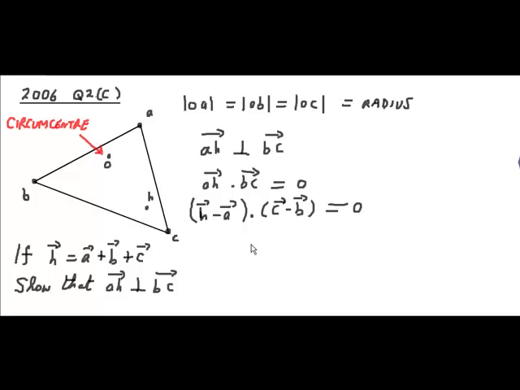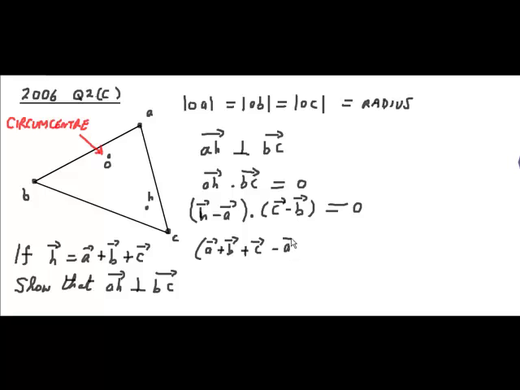And now we just multiply out the brackets. Actually, there's something else we can do here. Just go back a bit. For H I can now sub in A plus B plus C, because we're given that, we're allowed to use that.